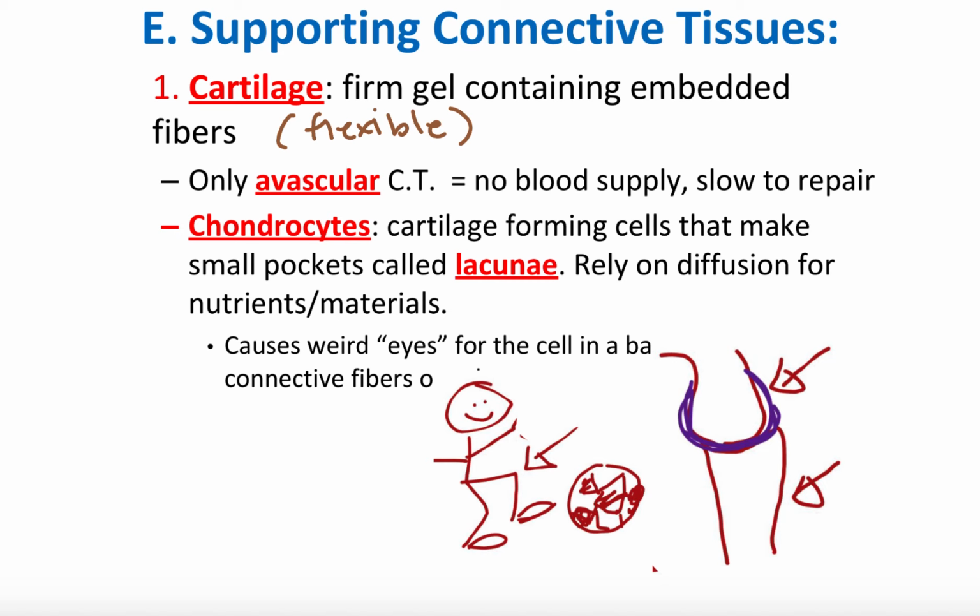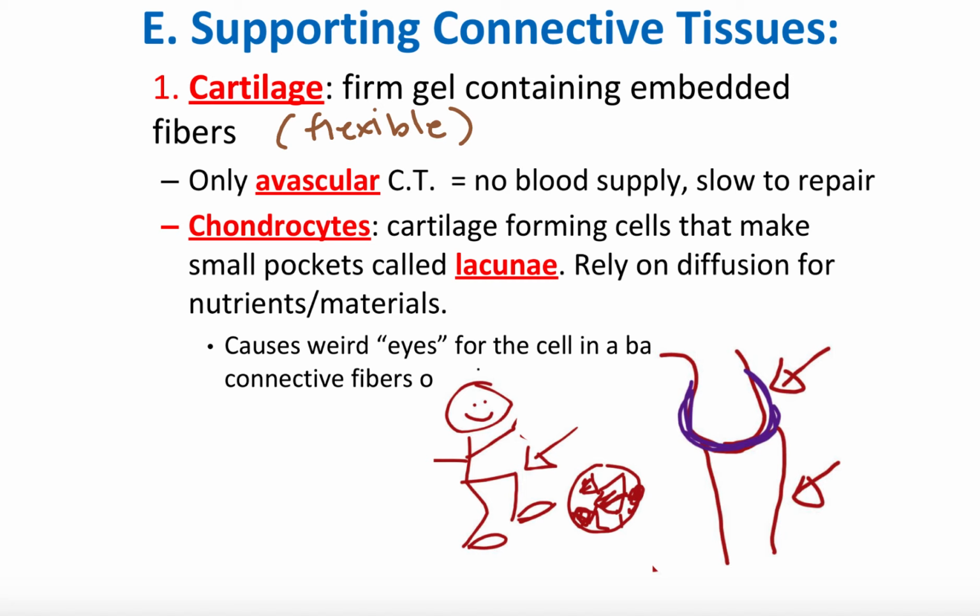But when you damage your cartilage, it's really hard to repair because there's no direct blood flow through it. So that's why we call it avascular for cartilage. There's no blood supply, which means if you damage it, it takes a really long time for it to repair because it's not getting the nutrients it needs to rebuild and grow and thrive.